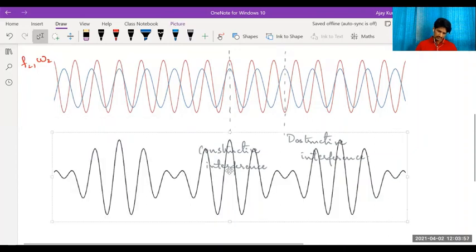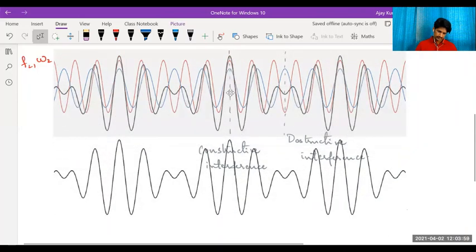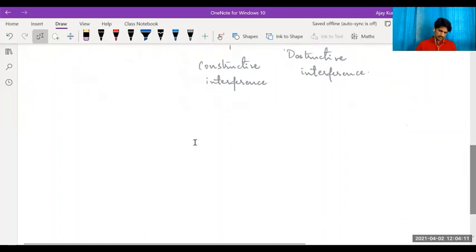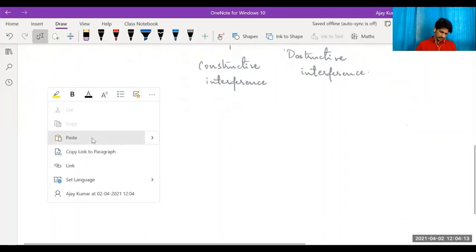And it looks like this, where the two waves undergo constructive interference, the resultant wave has a large amplitude, and where they undergo destructive interference, the resultant wave has a small amplitude. So let us look at the resultant waveform separately.